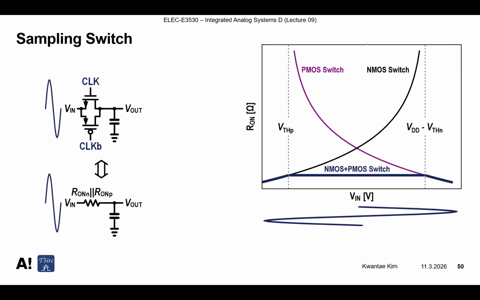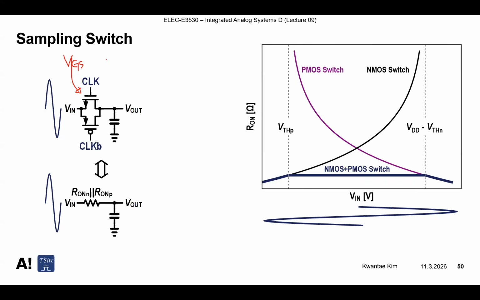And you can see that as we increase V in, the on resistance reduces for the NMOS switch because its VGS for the NMOS switch is decreasing as we increase V in. The source voltage is going up and up.